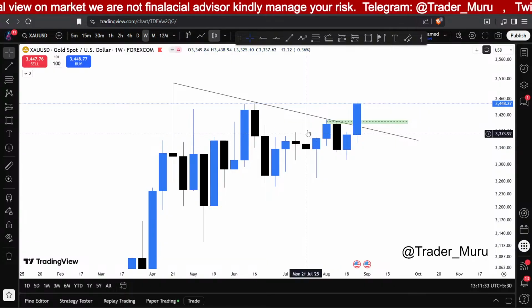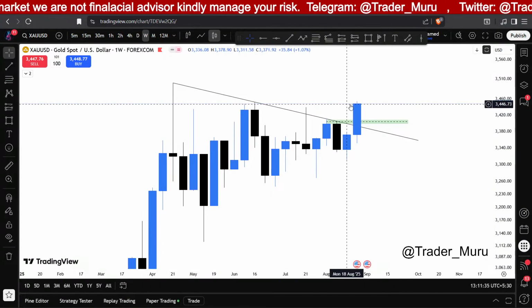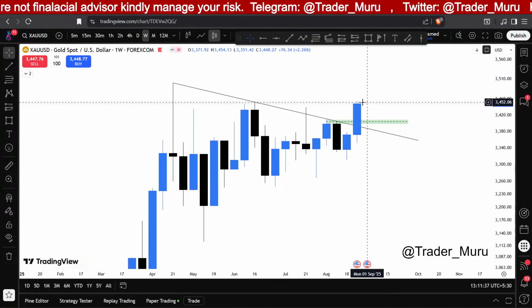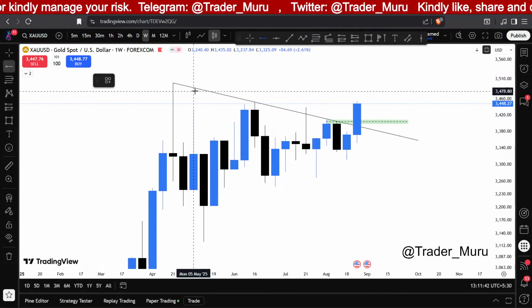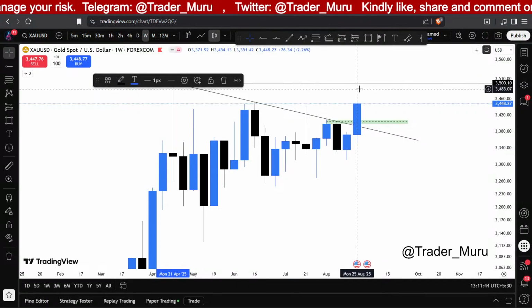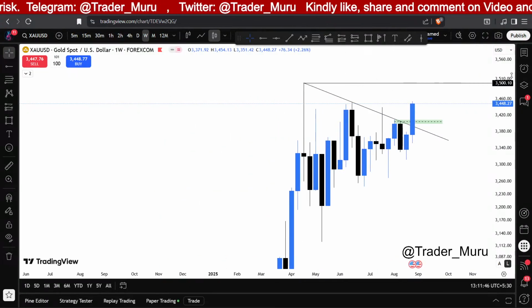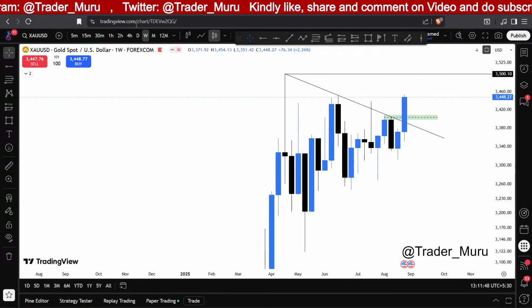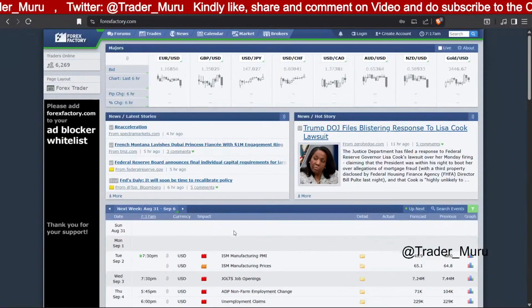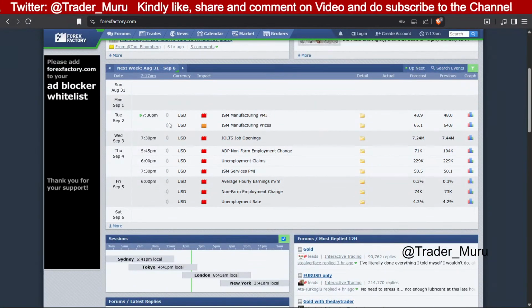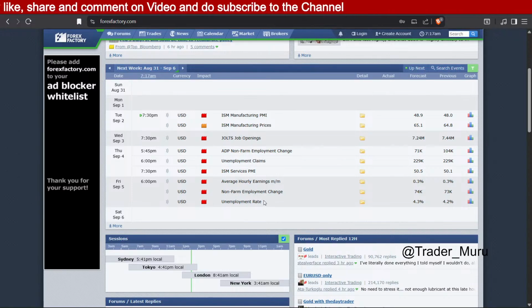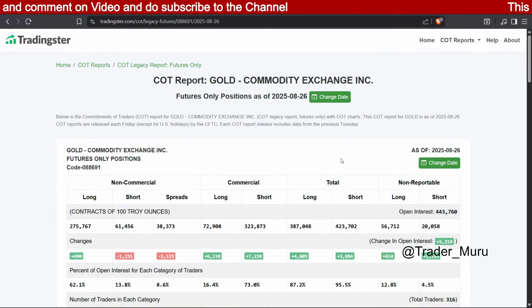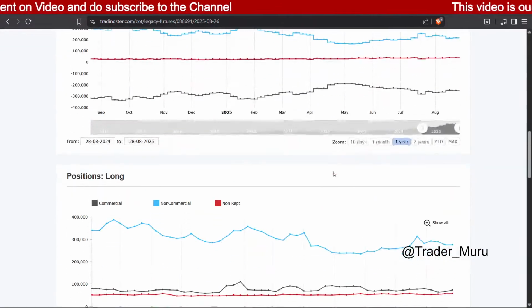And remember that now we are expecting gold to again have some retracement, and there will be a new ATH in upcoming areas to this one here. And we have this news. This is fundamental. We have NFP this week, and how many of you remember this one?